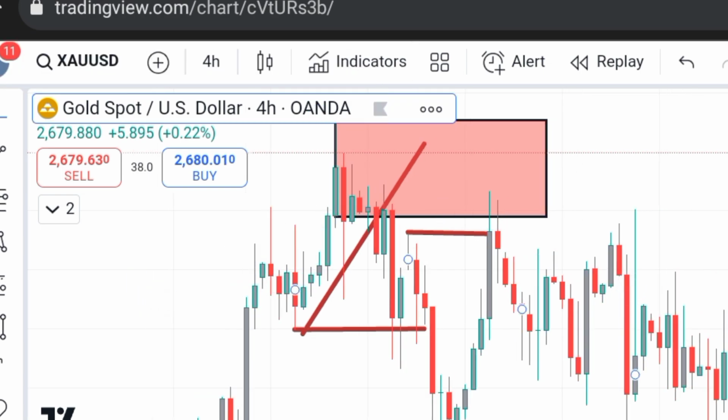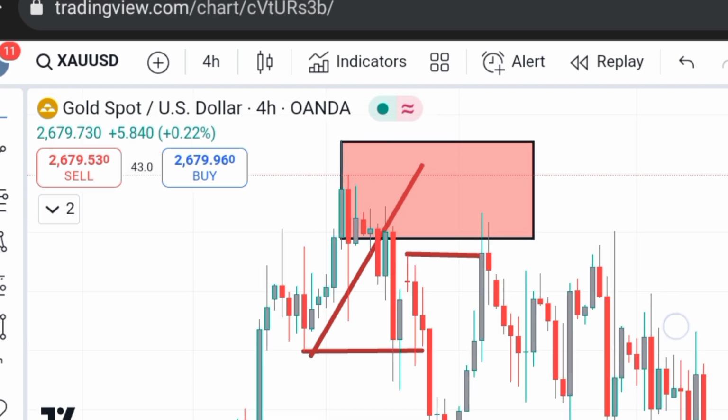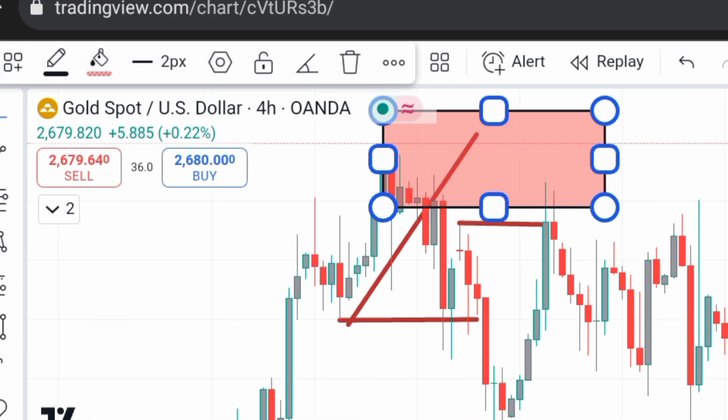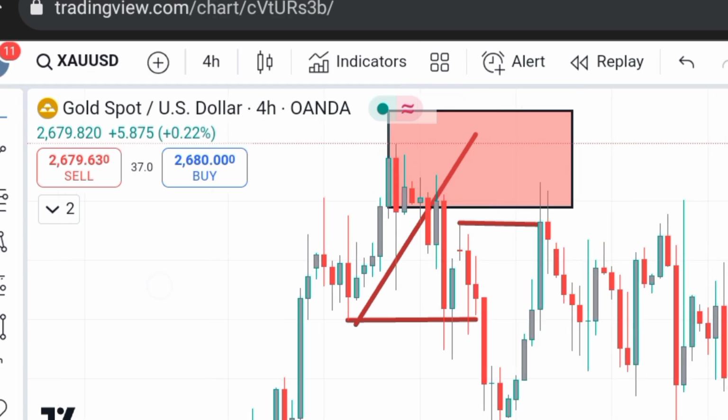When the market comes into that zone, that is when you look for your entry criteria to take a trade. You wait for the market to break structure to the downside on either M15 or 30 minutes for you to take a trade.